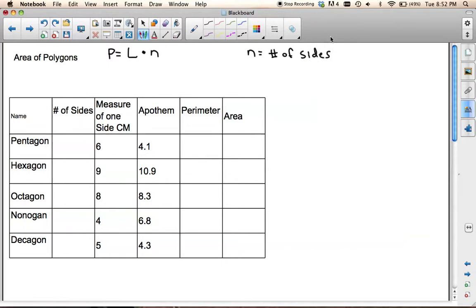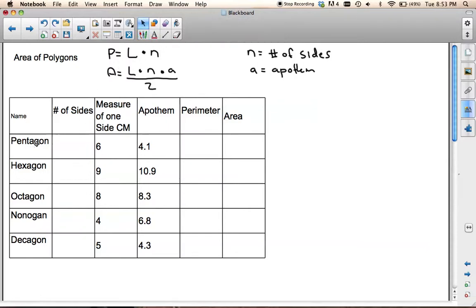The other formula that we talked about was for area. So we have A for area, and we said that that was length times the number of sides times the apothem, which we represented by little a, divided by 2. So little a equals the apothem. These 2 formulas together will help you find the perimeter and area of any polygon.